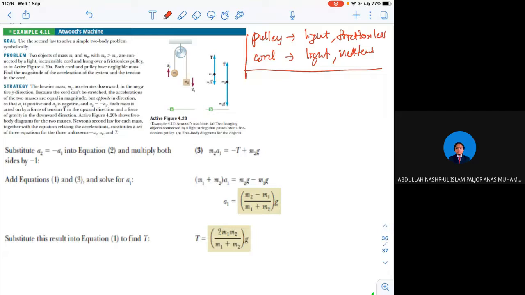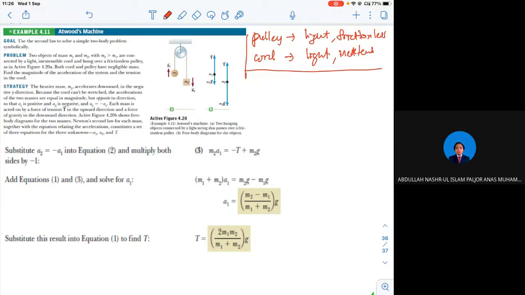That pulley masa tu mesti dia berbeza dengan pulley yang kamu belajar sekarang. We need to assume that the pulley is light and frictionless. Mesti frictionless. Kalau pulley itu ada friction, then we need to consider the friction. And the pulley must be light, mesti ringan. So that's the cord. Both cord and pulley have negligible mass.